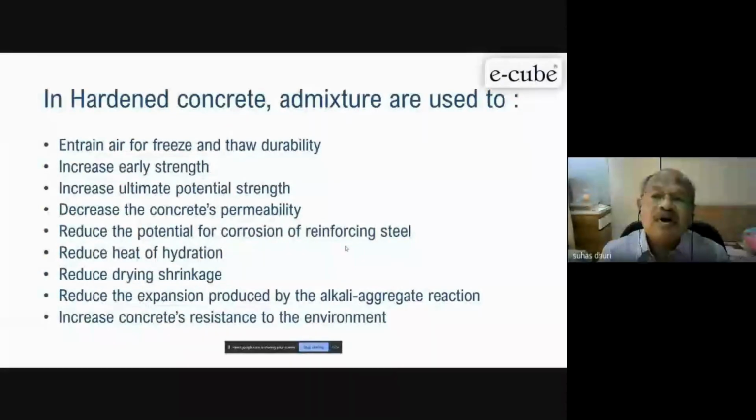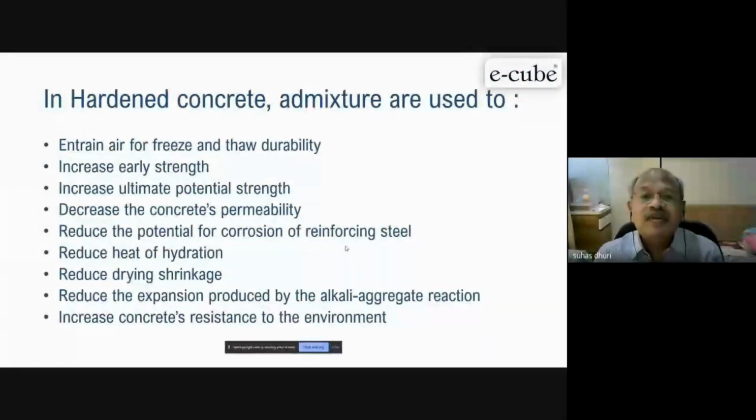So if you refer to all literature, other than tropical countries, cold countries like America or London, wherever in Europe, where the temperature goes down, they always introduce around 6 to 8% air into the concrete, which can take the extra volume of ice which is created, and it is well distributed throughout the body of the concrete.